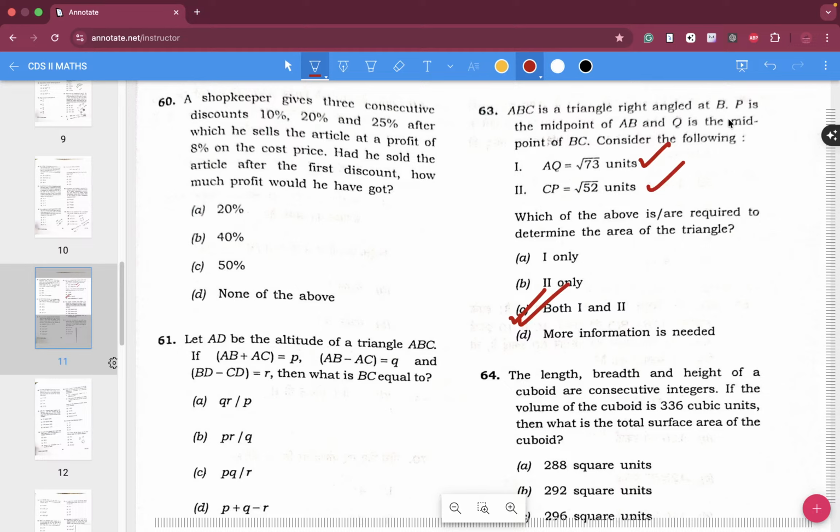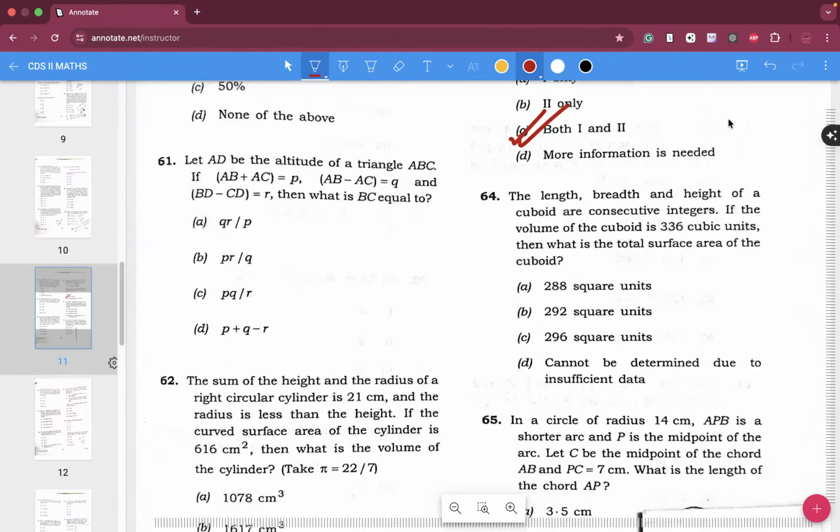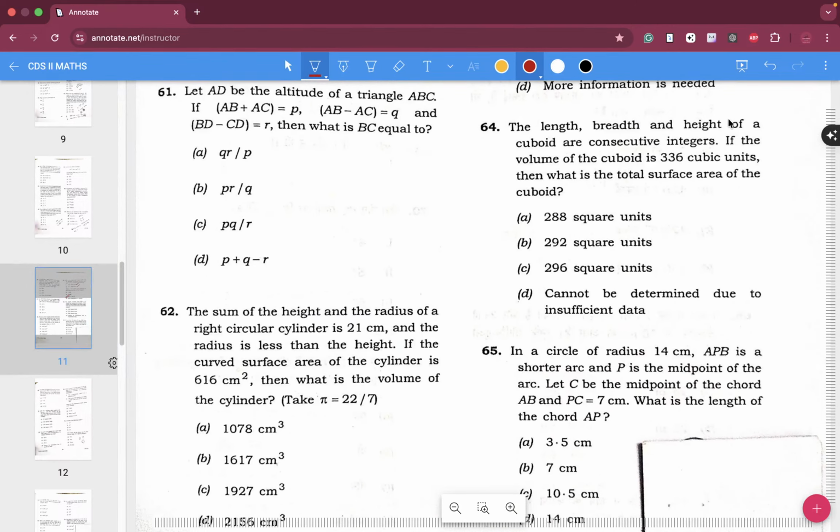Now the length, breadth and height of a cuboid are consecutive integers. This is what they are saying.